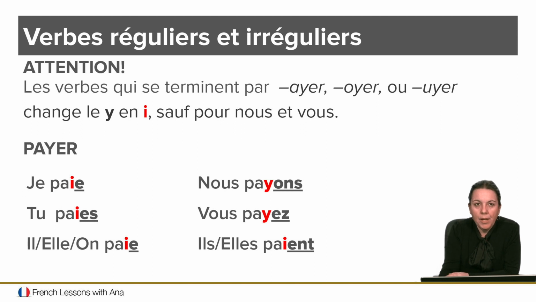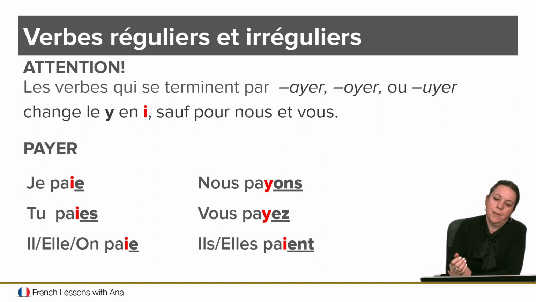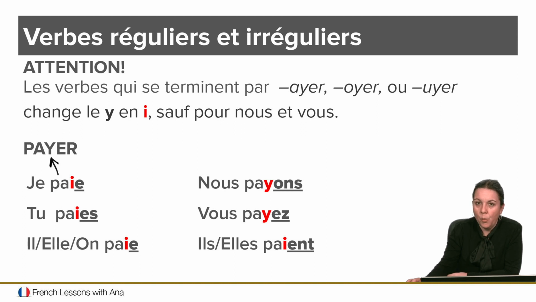So now we have a few others, okay? And these are the verbs that are still ER verbs. They are still using the same endings for ER verbs. But before that ER, there's either an AY, OY, or UY, okay? So this Y here is what's going to change when you start conjugating the verb.